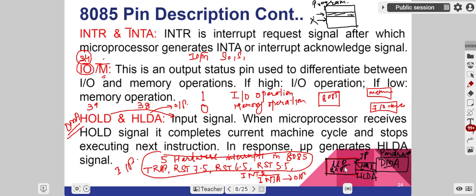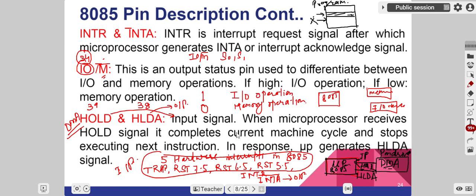So it will relinquish control of all the buses from itself and provide access to all the buses to this DMA device. Buses means lines: data lines, address lines, control lines.